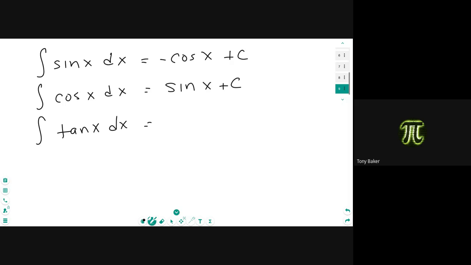Why? The derivative of tangent x is secant squared x.